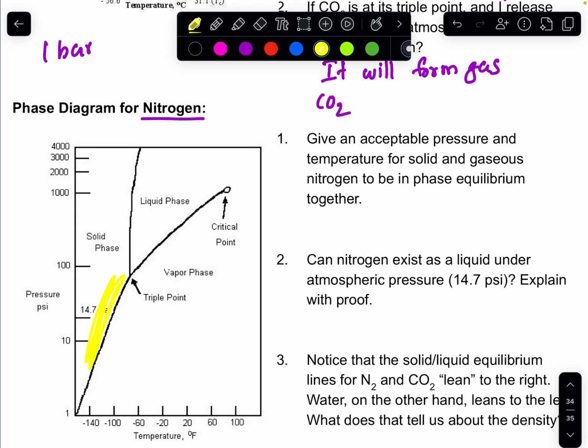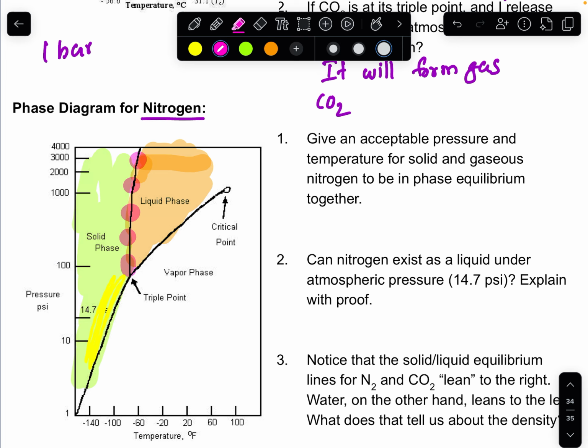Remember, this is a solid area, and liquid is here. You can pick any value from these lines, where they are in equilibrium with each other. So get one of the values.